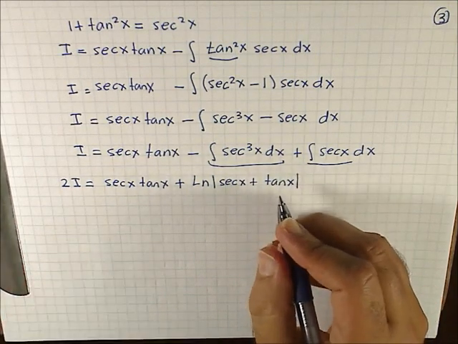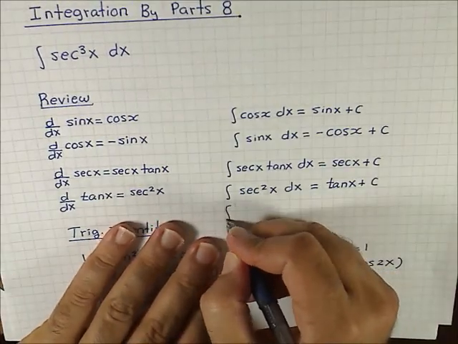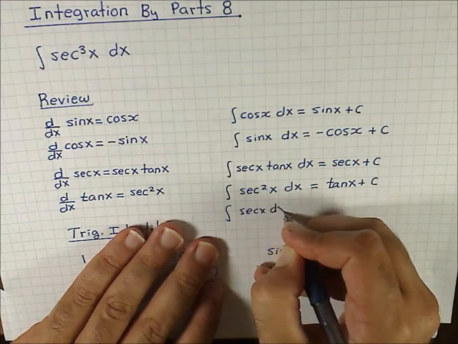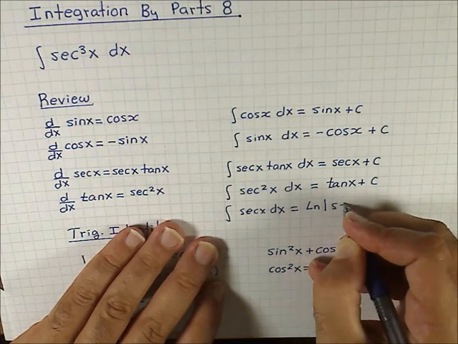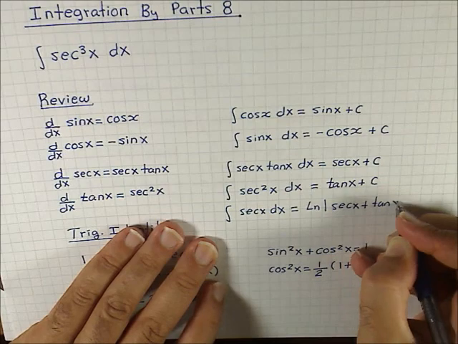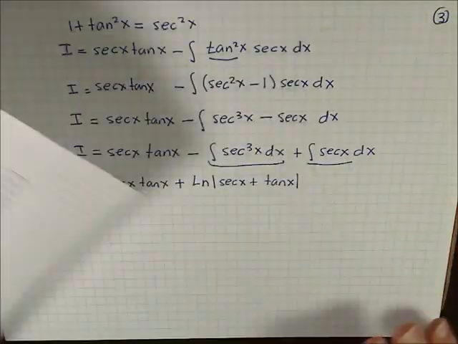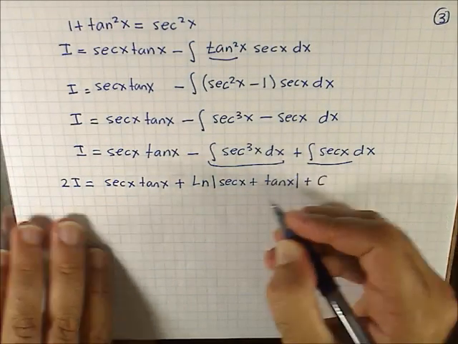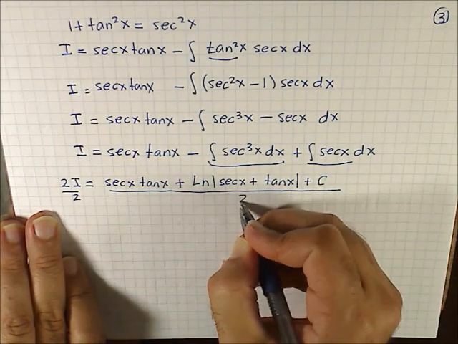I guess I should have added it to our review sheet, so let me do that right here. Integral of secant x dx is equal to ln of sec x plus tan x plus c. All right, let's add constant c. Now divide all of this by 2.